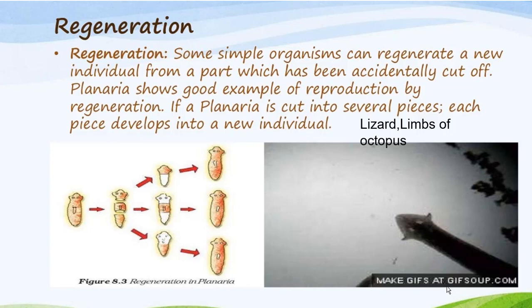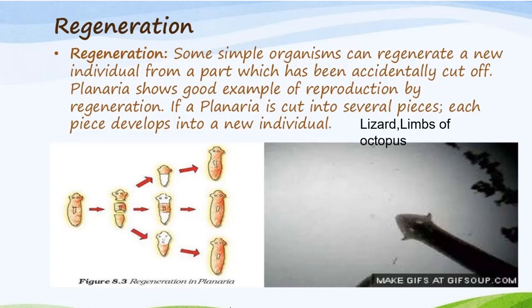So automatically there will be 3 Ankitas formed. In the same way, there is one more method which is known as regeneration. If you see the image on your screen, again you will see the same thing, that there is a parent organism, and the parent organism is divided into 3 pieces, and each piece is capable of giving rise to a new organism, right?